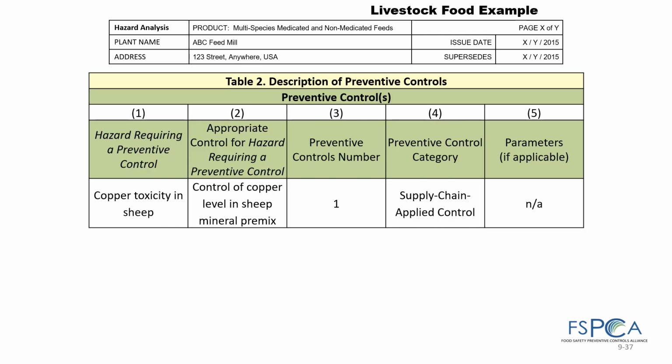We don't have any parameters established with this. We did identify it as a supply chain control. Remember that those parameters are going to be established within the supplier facility. I've had some conversations with people that, having NA anywhere is going to kind of catch the eye of an inspector.